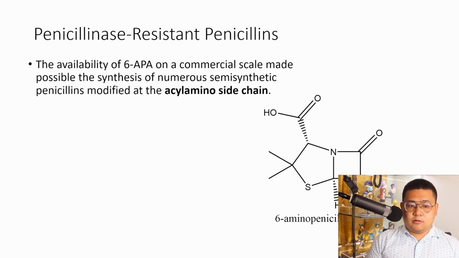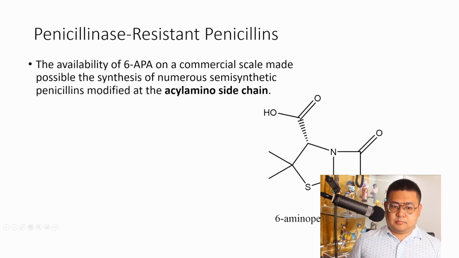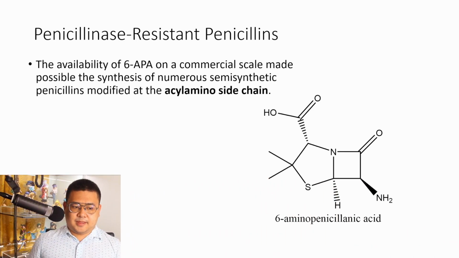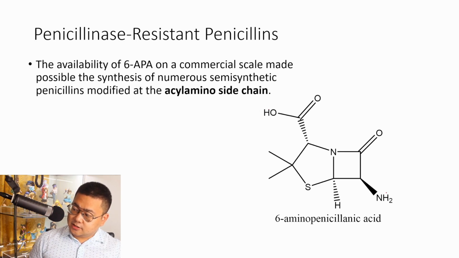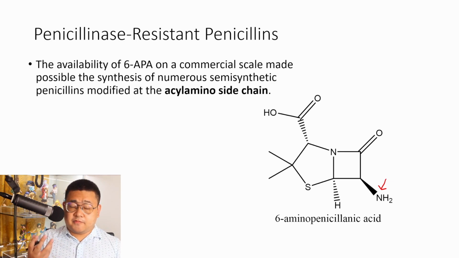It is readily available, and all we have to do is adjust this part of the structure right here, and attach various functional groups to our acylamino side chain. In essence, we always have the base compound, and we're just going to design what other parts of the structure will be added to that point.